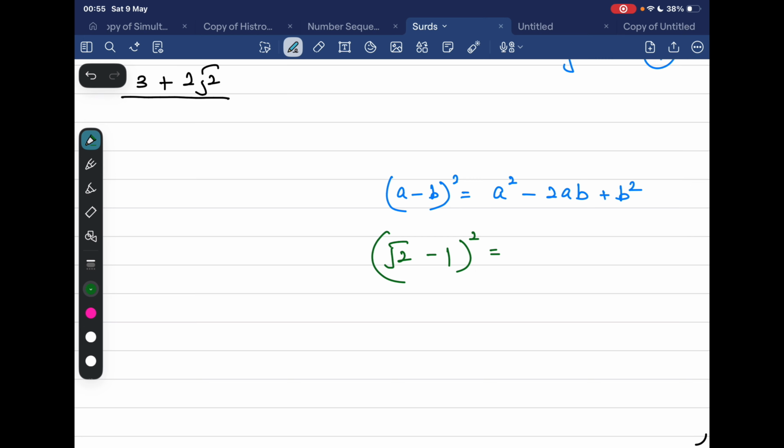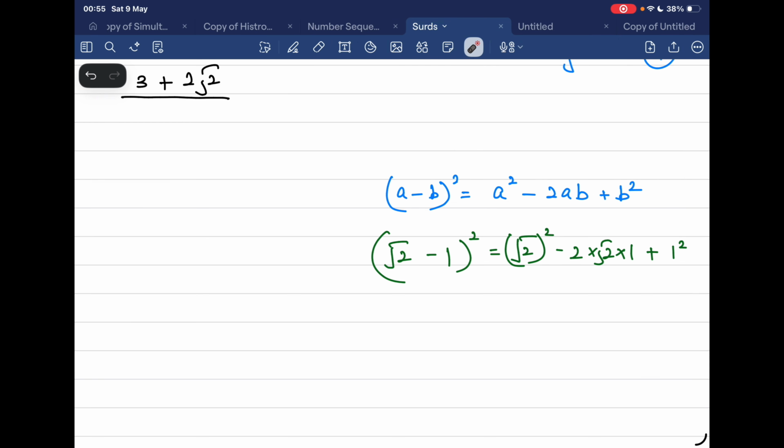The first term is root 2, so root 2 squared, next minus 2 times root 2 times 1, plus 1 squared.